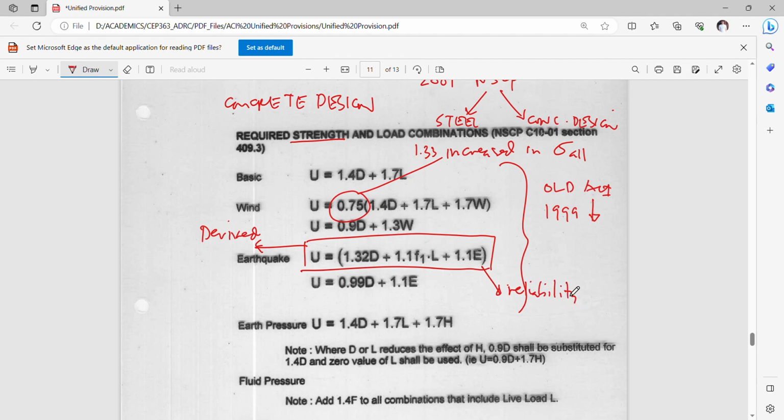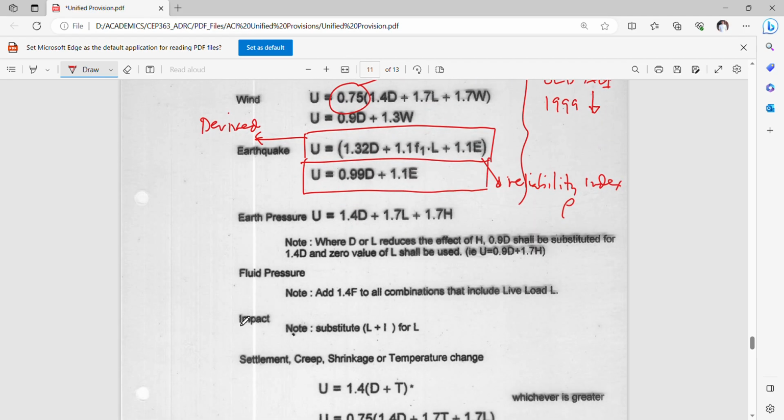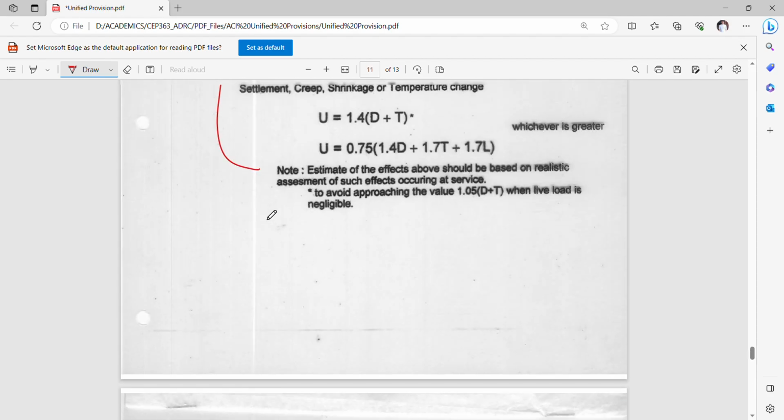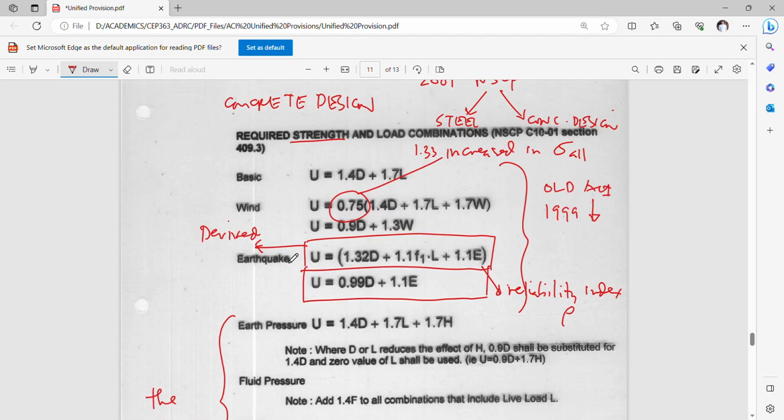So the reliability index rho will be applied to get this, and also this one here I think is included, and the rest are just the same. So from fluid pressure up, or earth pressure, fluid pressure are just the same as that in the previous edition.